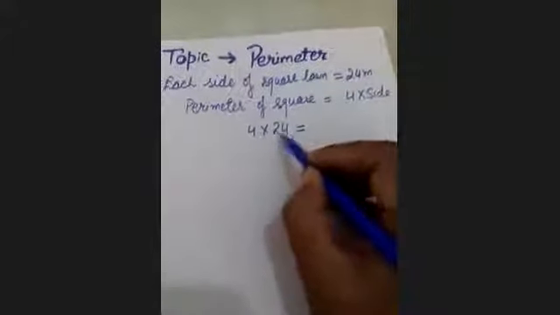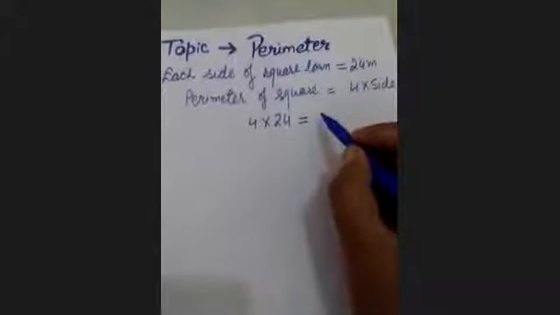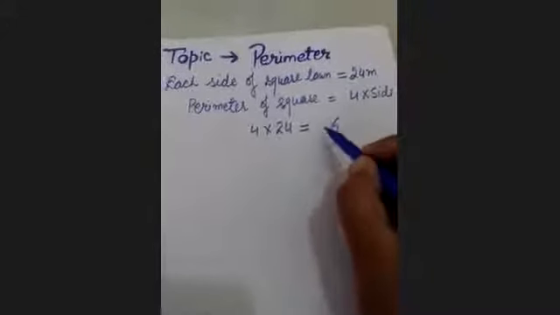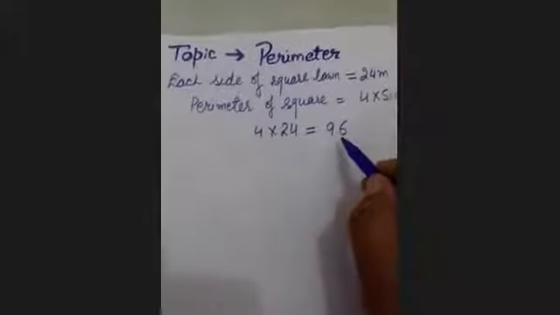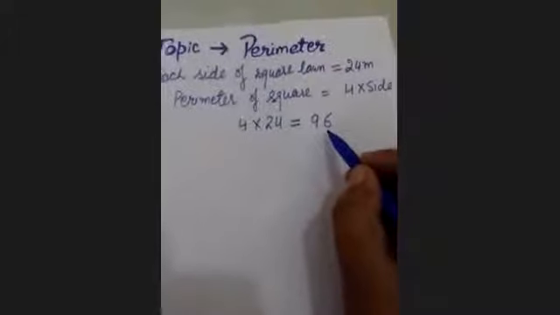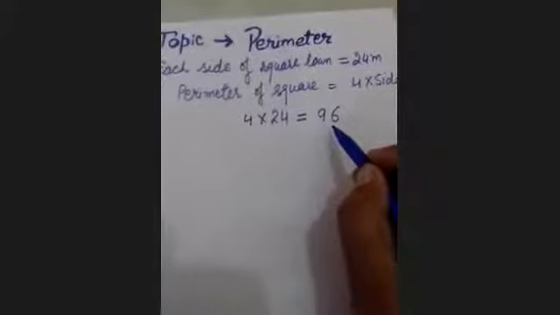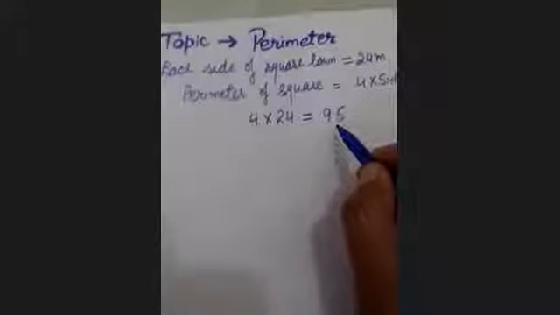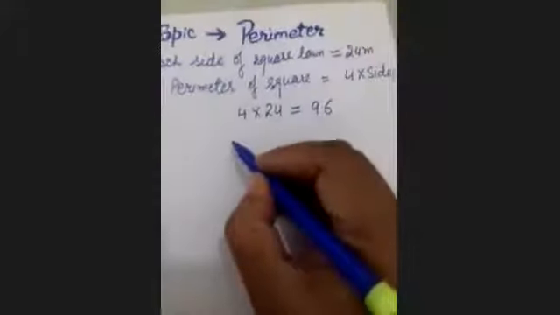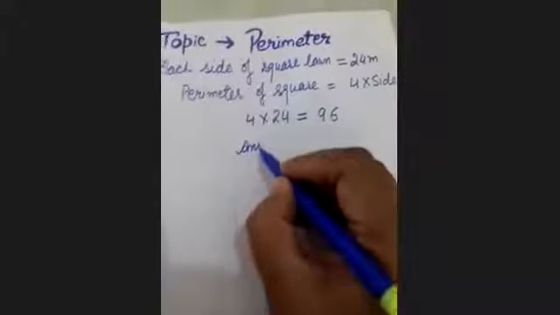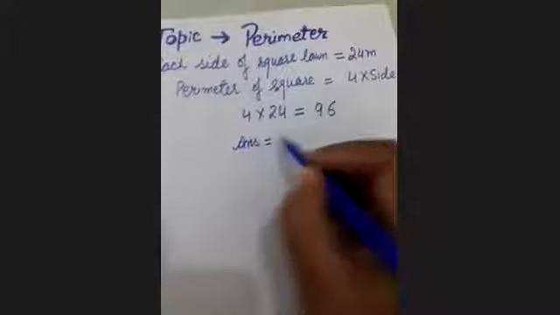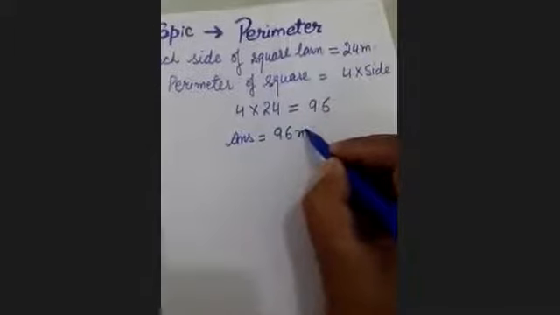Now multiply 24 into 4, we'll get 4 4s are 16, 4 2s are 8 plus 1, 9. So your answer is 96 meter. So length of fencing is 96 meter.